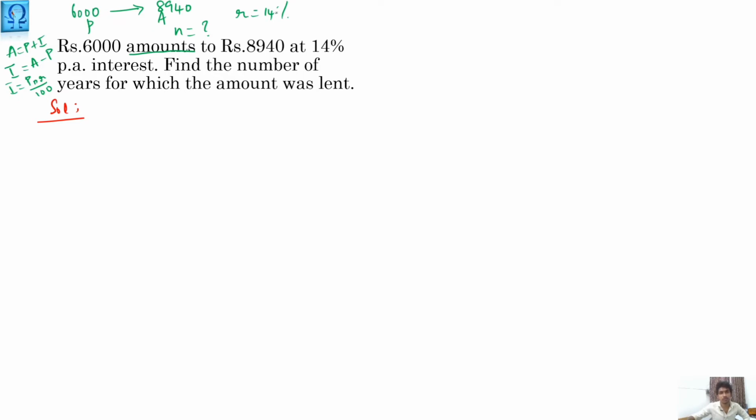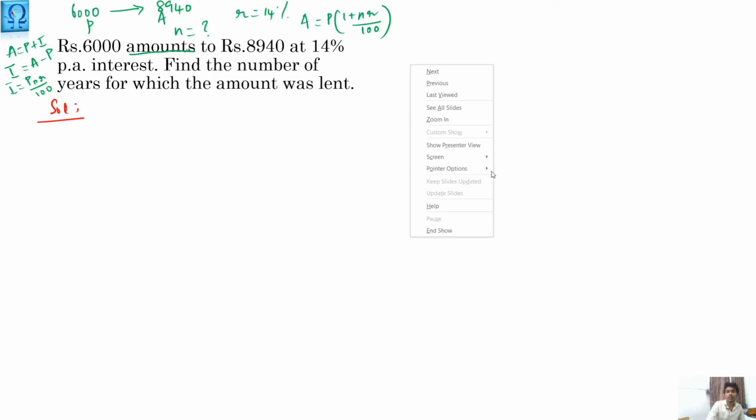Or else you may directly substitute here and find the n value. Both have to give you the same value, right? For calculation purposes, the first one, calculating interest first, will be the better one. Okay, so here what is given?